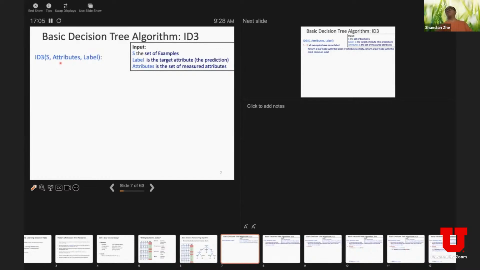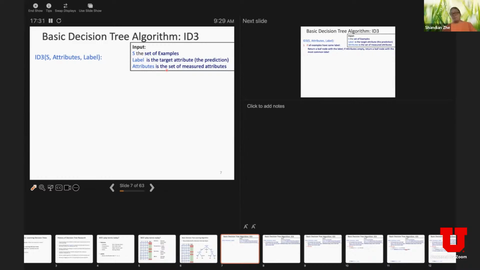And labels are the target attributes associated with each example in S. The attributes is a set of available attributes from which you can pick one to split the data set. Does it make sense?